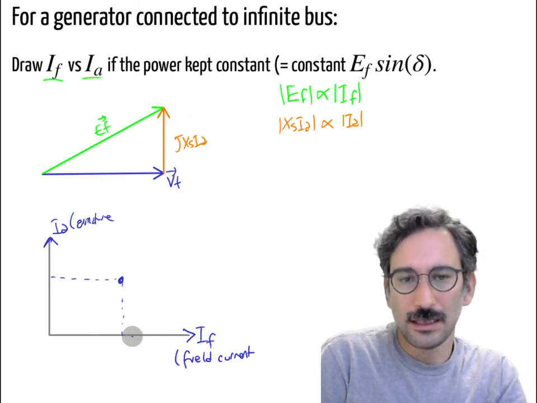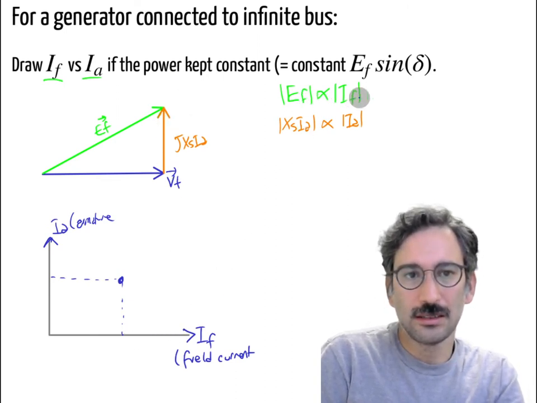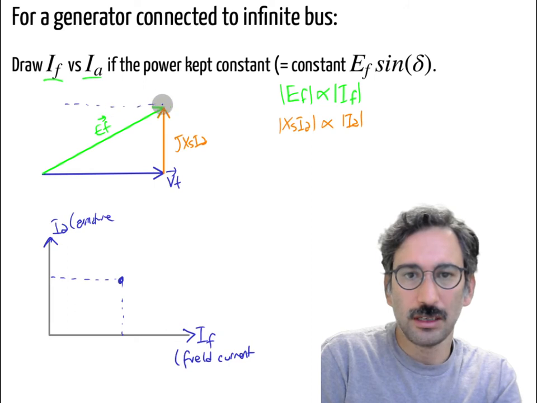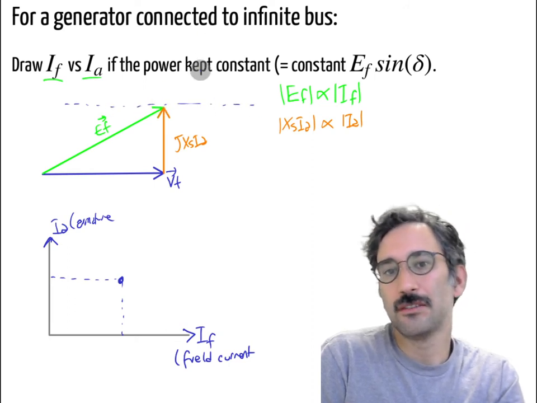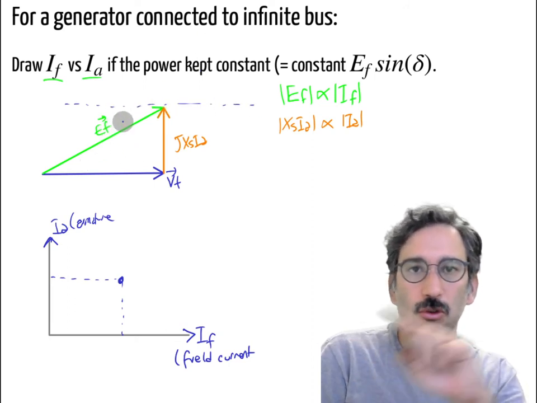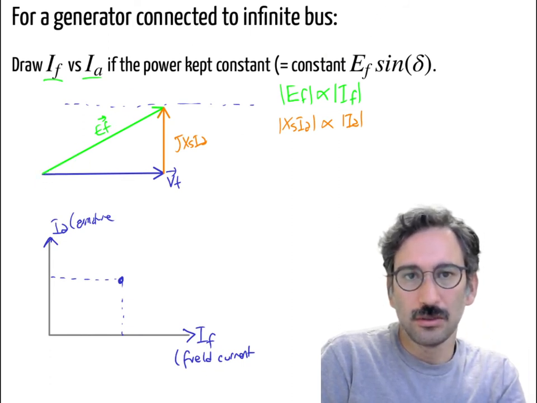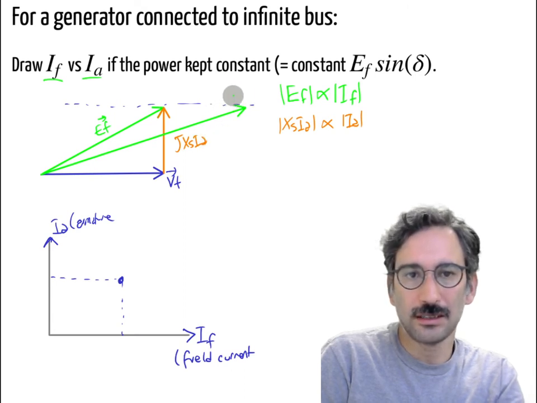Then I decide to increase IF. Remember that one is working at constant power mode, so the green vector EF can only move in the horizontal axis, right? So if I increase IF, then I will have that one.